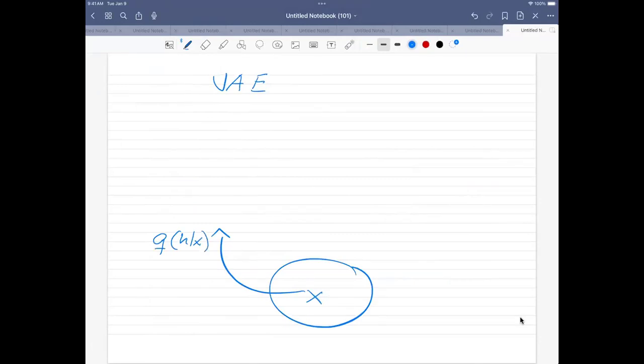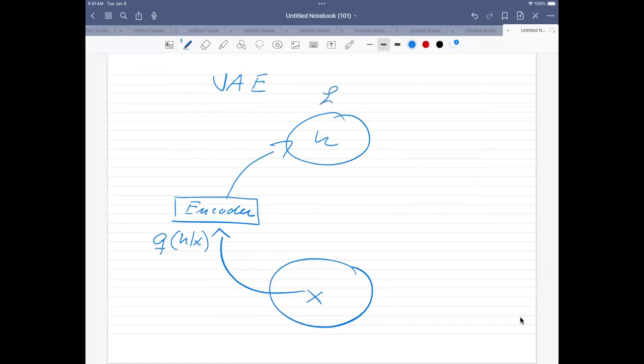And the latent data functions as a dimensionality reduction. So this is what we call the encoder. Now, this encoder acts as a way to reduce the dimensionality of the problem into a latent space H. So this is the latent space.